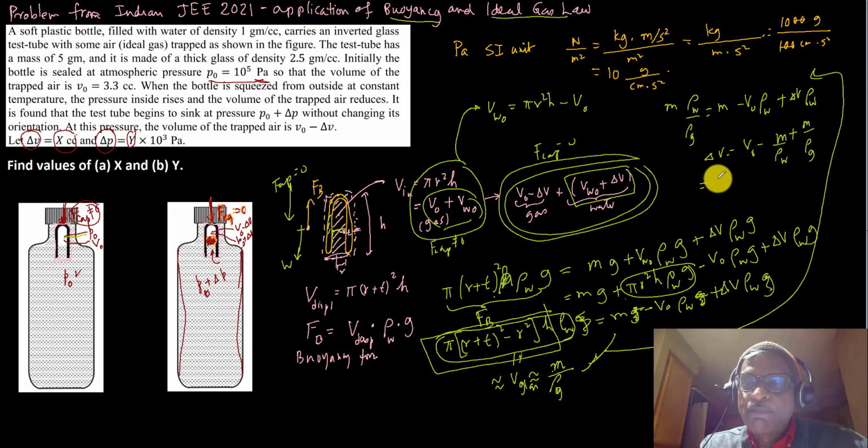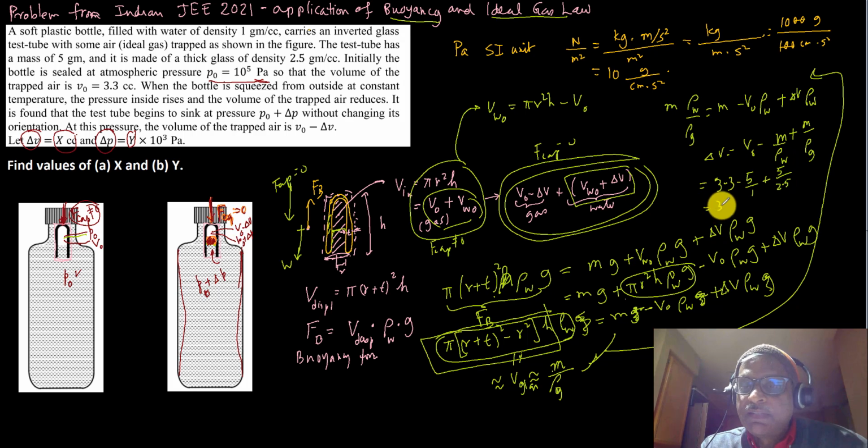Now when you put these numbers, so let's put these numbers. V0 is 3.3 and m is 5 and rho w is 1, m is 5 and rho g is 2.5.